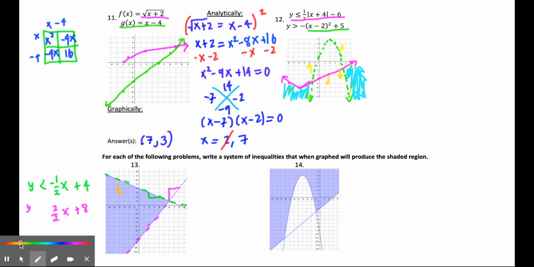And so it's shaded, as you can see, above this line, and dotted, so greater than. Okay, and then that's your system.